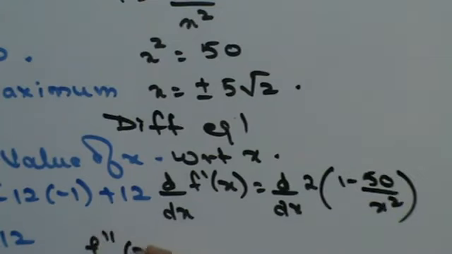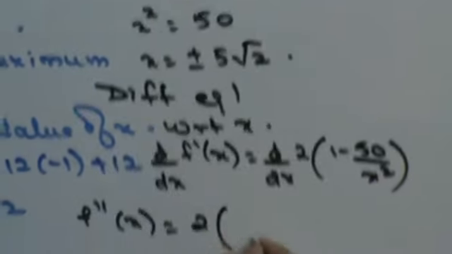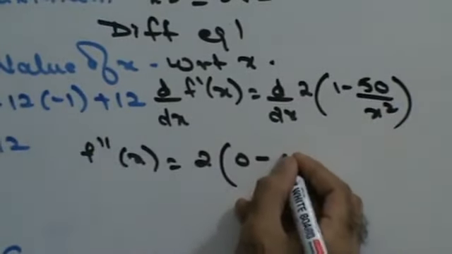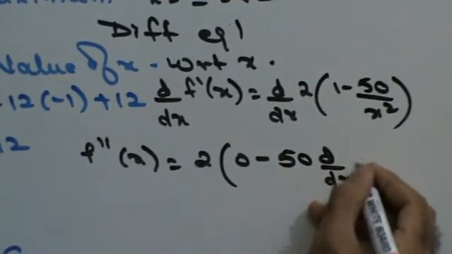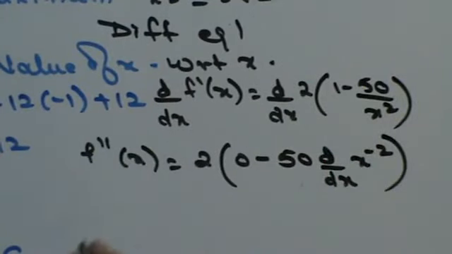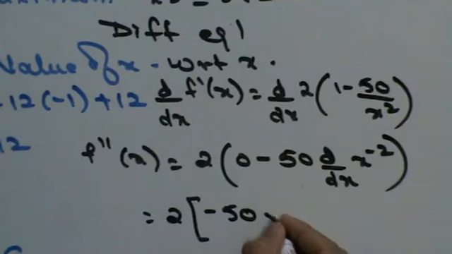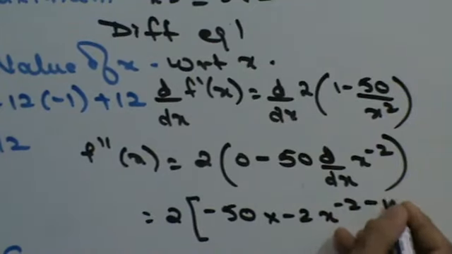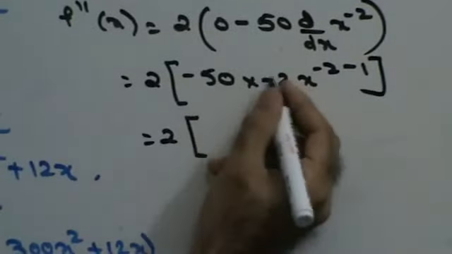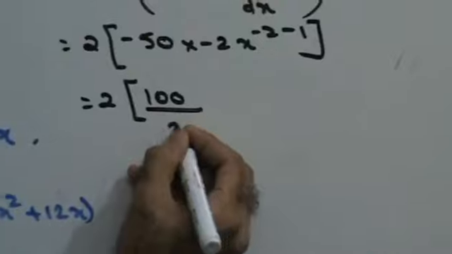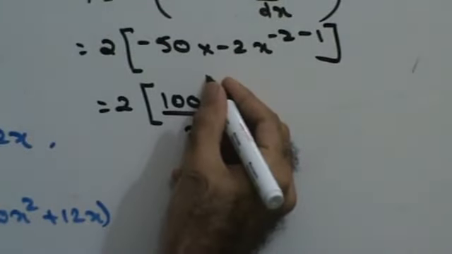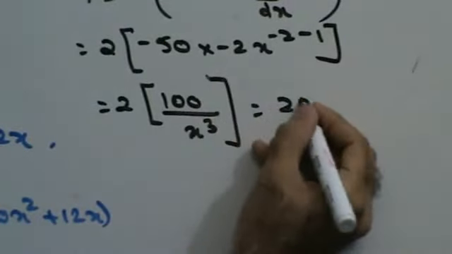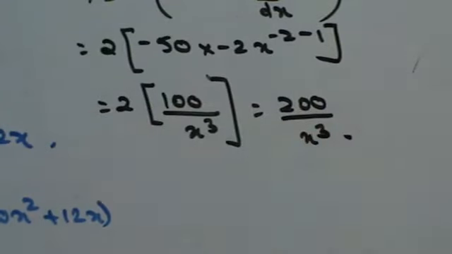So I'll get f double bar of x is 2 as it is. 1 is 0, minus 50 d by dx of x raised to minus 2. d by dx of x raised to n is nothing but n x raised to n minus 1. So in that case you will get this as 2 into 50 into 2, which is 200 upon x cube.